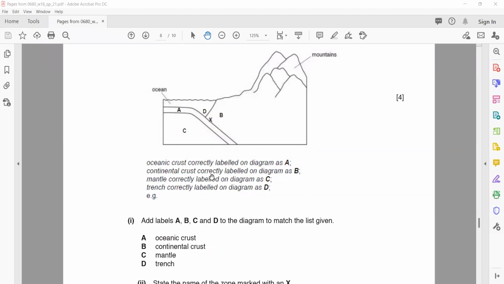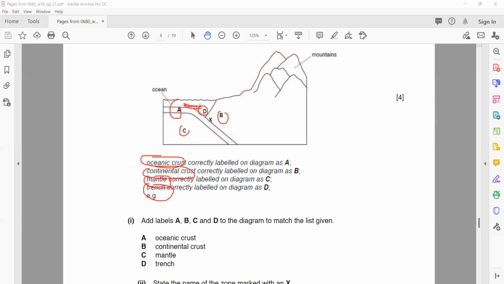They will give you the words and you have to put them. For example, they will give you oceanic crust, continental crust, mantle, and trench. The four words they will give you and the four places are there. You have to relate them.